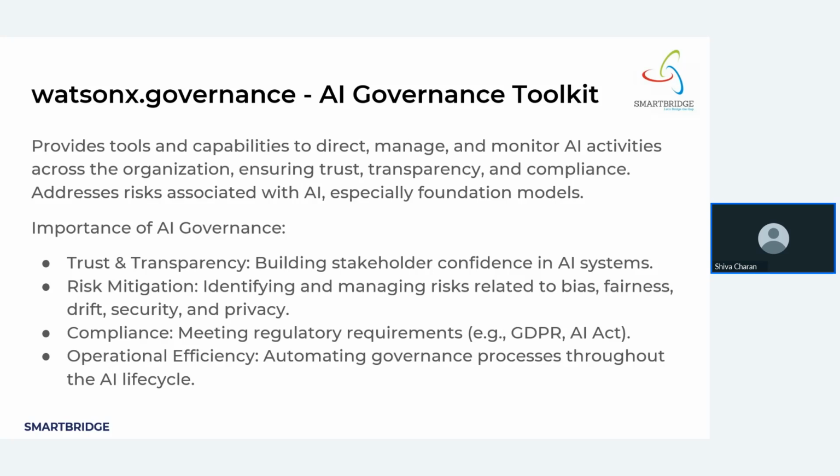That comes under risk mitigation. And then we have compliance: meeting regulatory requirements. Whenever we watch news channels or read a newspaper, we see news like a particular company, person, or application being banned from a particular region for not meeting the regulatory requirements of some act, whether the Indian act or a European act.